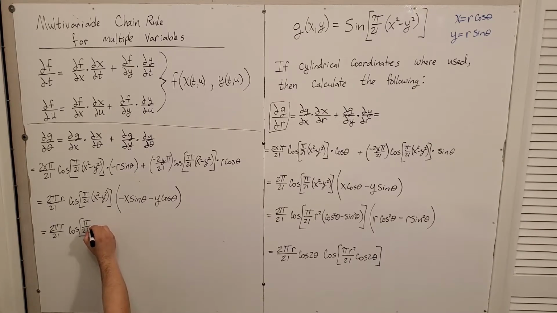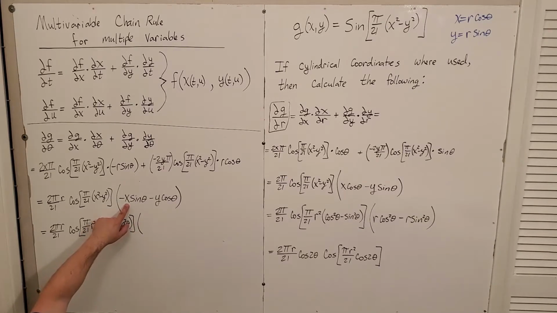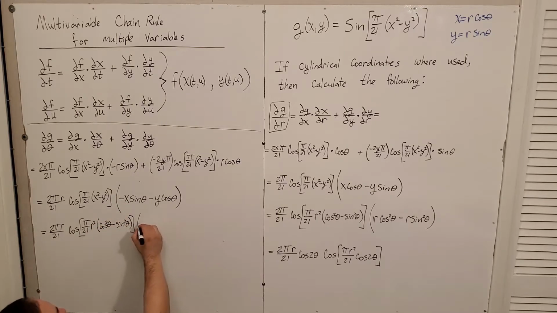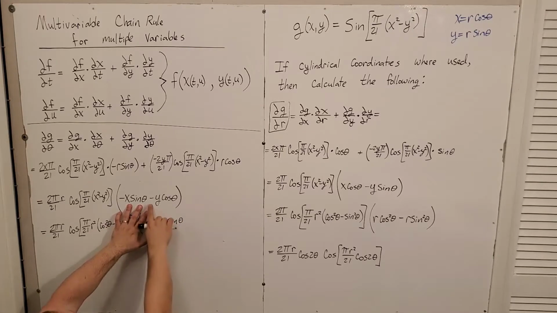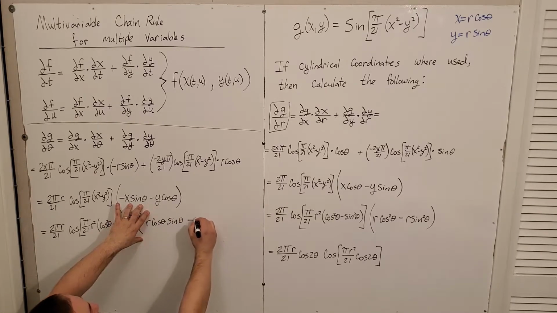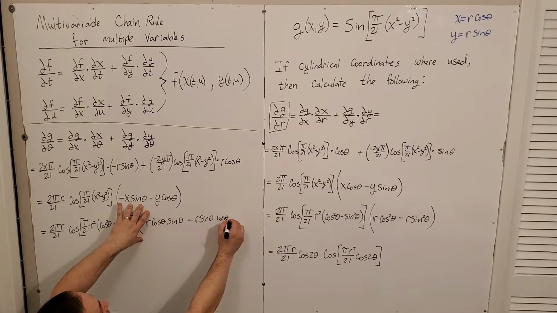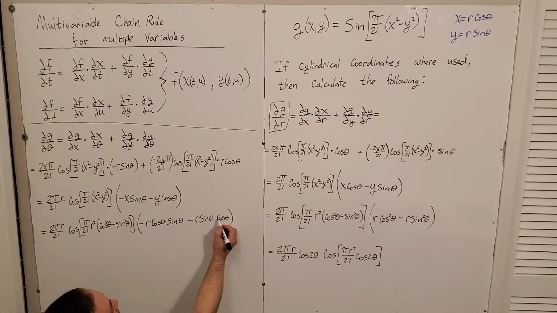That's going to be the r squared cosine squared theta minus sine squared theta times x is r cosine theta. So I have minus r cosine theta sine theta from this piece, minus y is r sine theta, and then I have cosine theta like that, right?